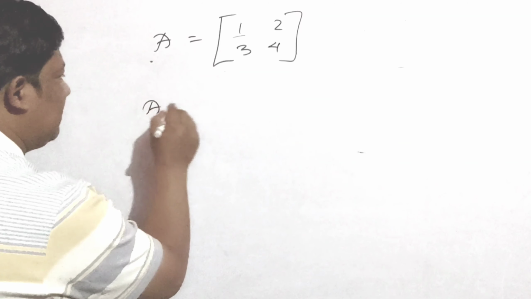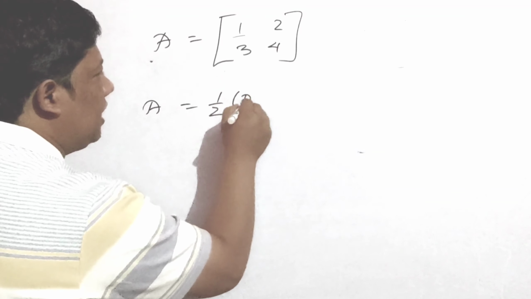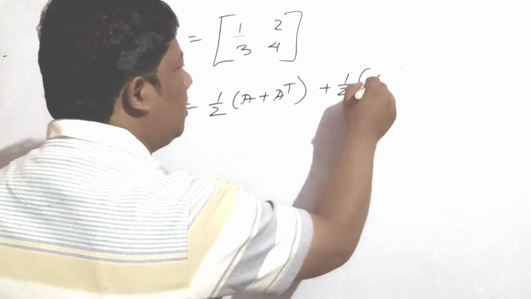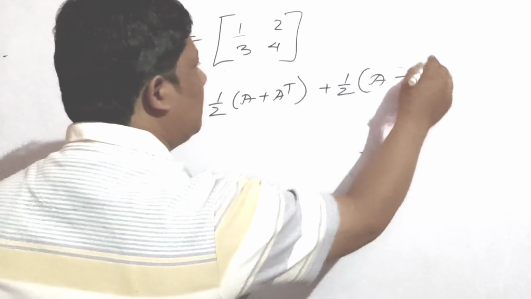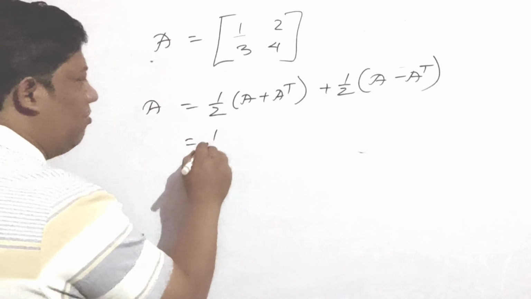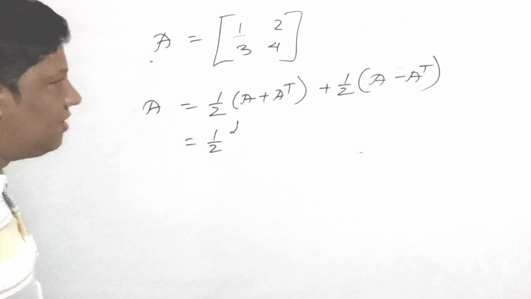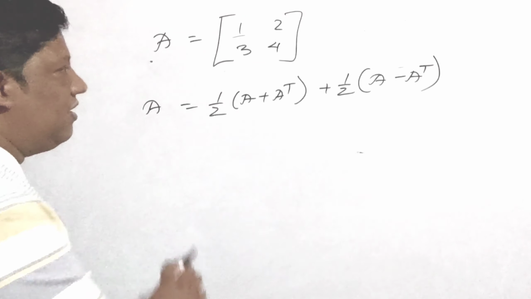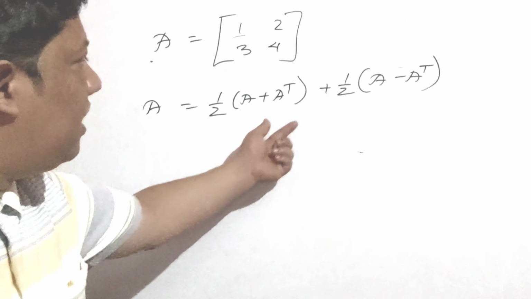A can be written as half of (A plus A transpose) plus half of (A minus A transpose). If we take the common half, then you will get, if we take the LCM, then we get how much? A. So it is equal to A.